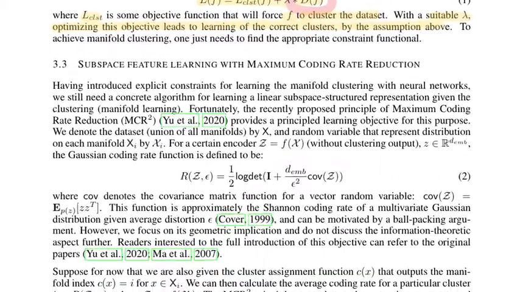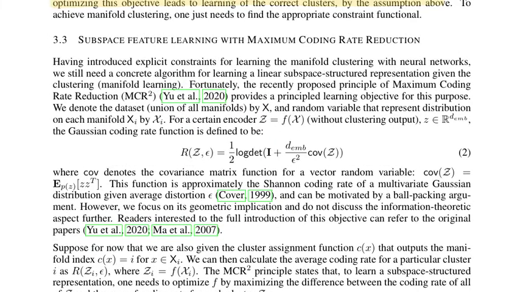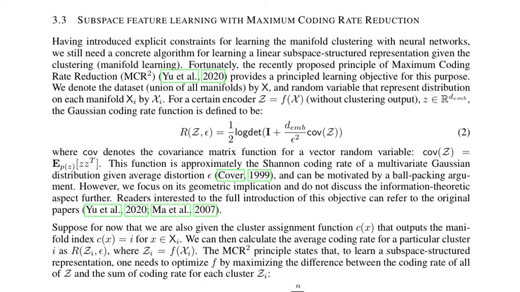So we talked about the first component of the manifold clustering and embedding. The second was the learning algorithm, which basically takes care of the manifold learning component. In this work, maximum coding rate reduction, which was introduced in this article, has been used. Consider that X is the dataset, meaning that it's the union of all the manifolds from 1 to n.